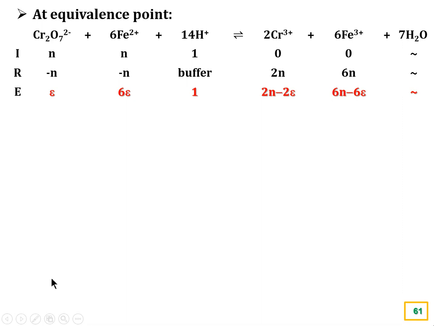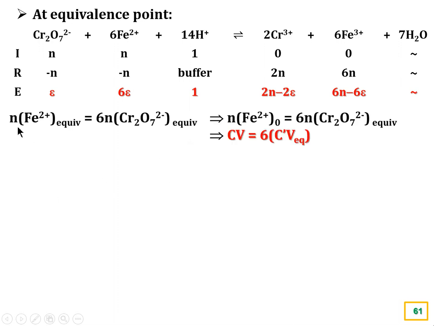At the equivalence point, we also construct the table of conversion, but in this case N' and N are equal. So we have N, and here we have epsilon and 6 epsilon, 2N minus 2 epsilon, and 6N minus 6 epsilon. The number of moles of Fe2+ at equivalence is equal to 6 times epsilon, so 6 times the number of moles of dichromate at equivalence.